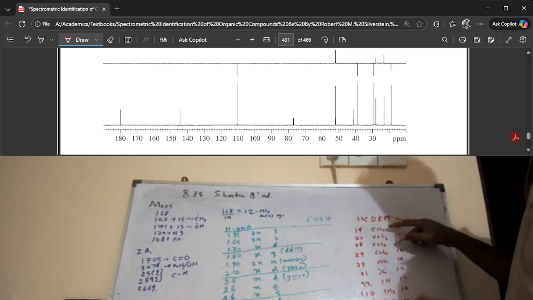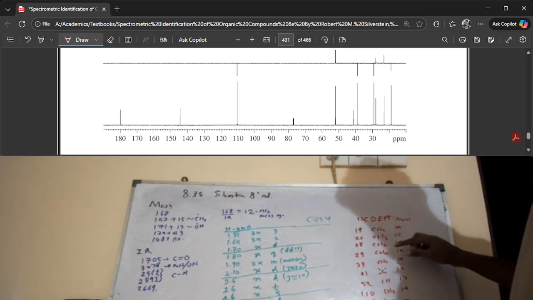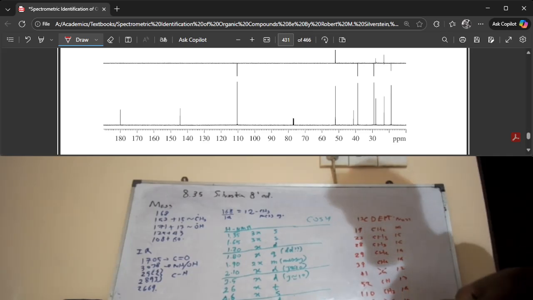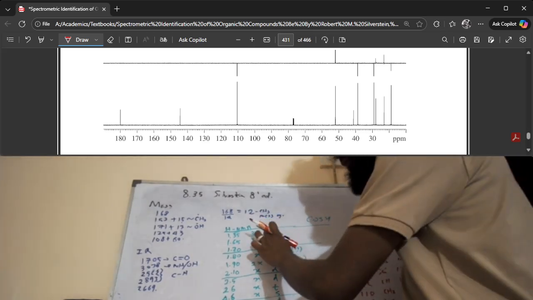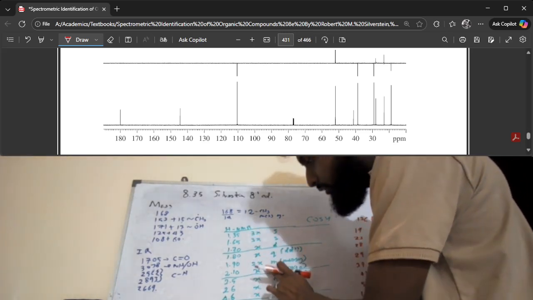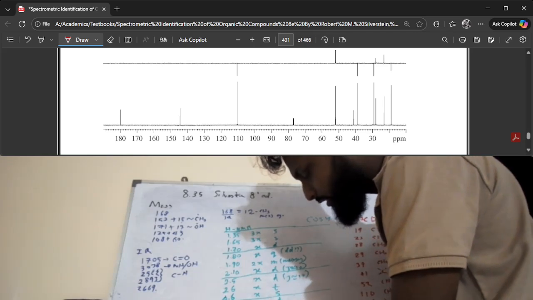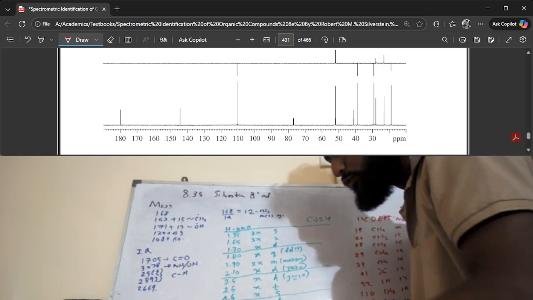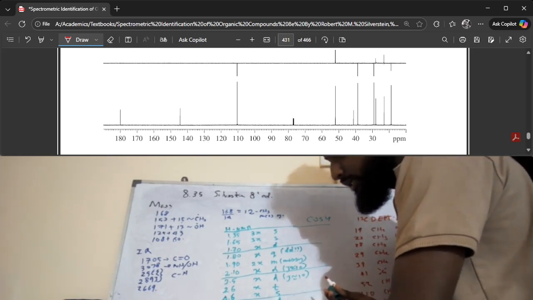How many protons? 2, 5, 10, 15, 15 protons, right? So here you have 3 plus 3 is 6, and then 10, 10 plus 16. There are 16 protons in this one. I mean 16 x's, right? If you add it, there's 16x.